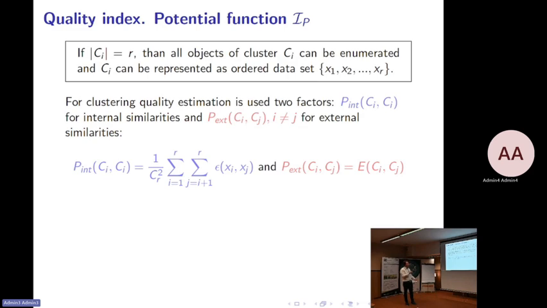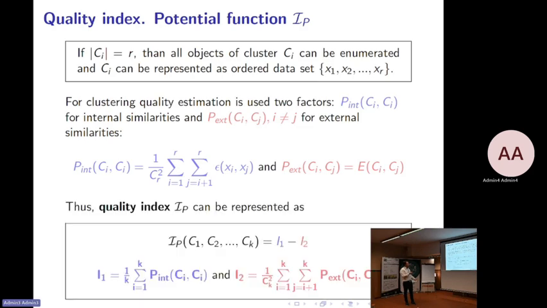The second component calculates clusters' external similarities, which we are trying to minimize. So in the end, we get the following quality index. The closer this index is to the value 1, the better the clusters are separated. This index may also have negative values, which indicates that the clustering system is very poor.